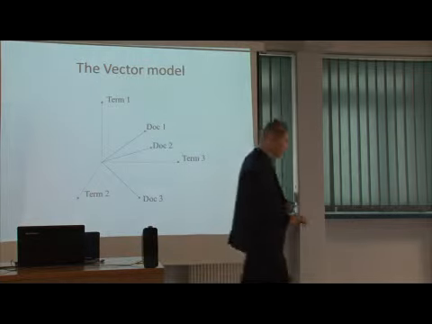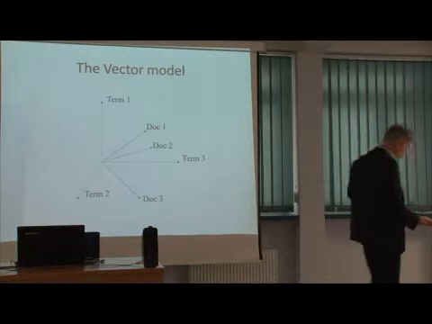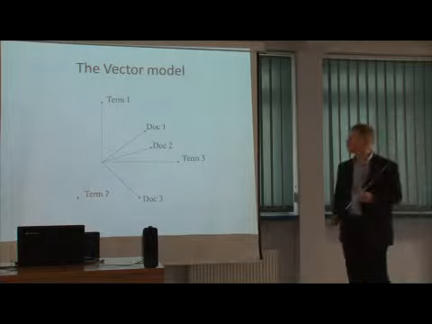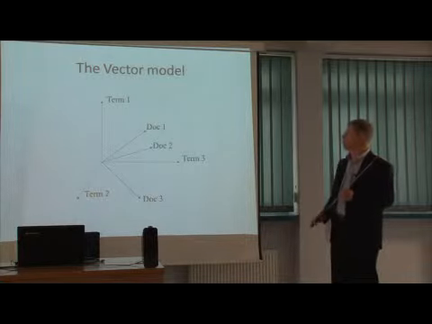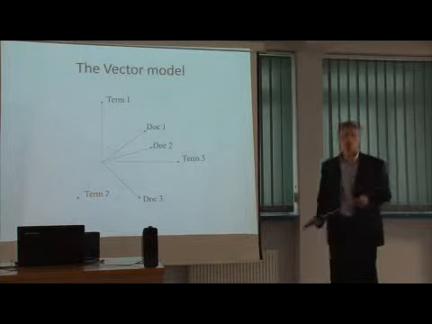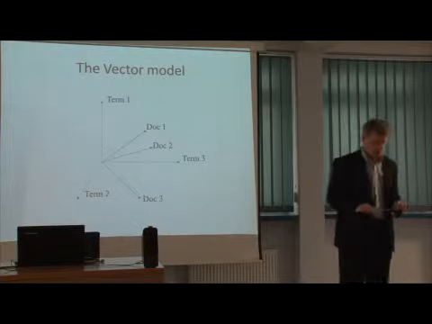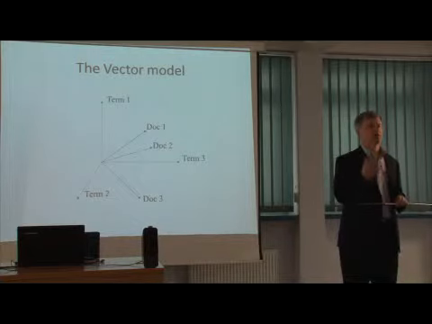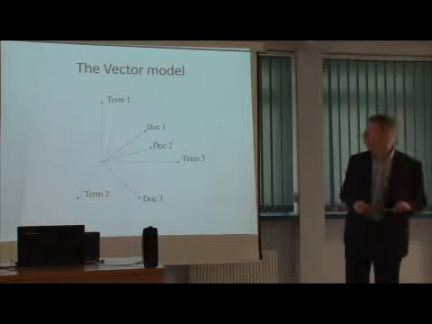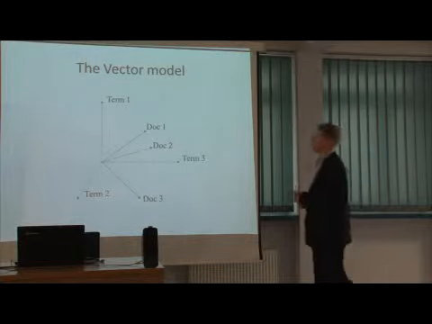But before we go there, we need to talk a little bit more about finding similar documents, because sometimes you cannot find a perfect match. You want to find the best matching document.